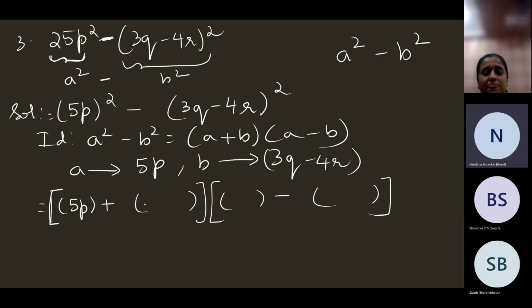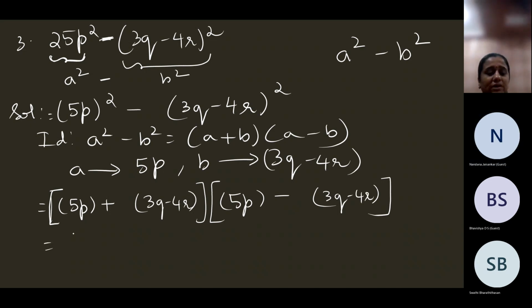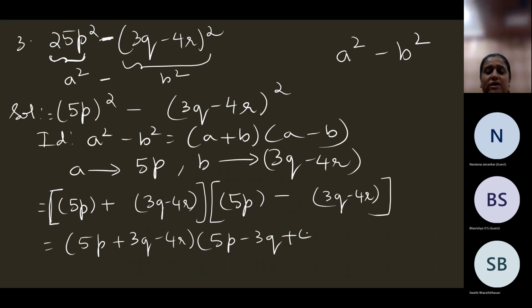B? 3q minus 4r. Very good. Now open the bracket. So it will be 5p plus 3q minus 4r into 5p minus 3q plus 4r.